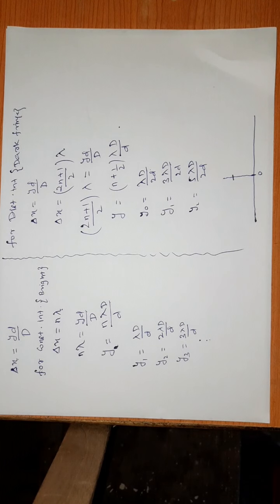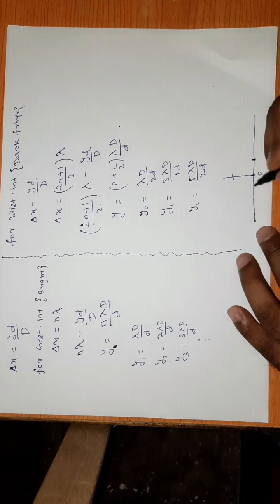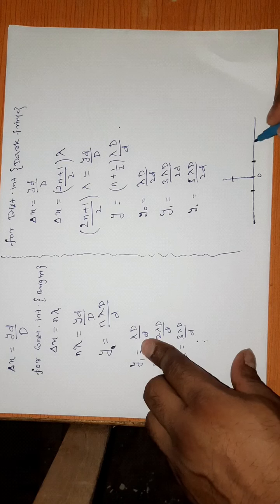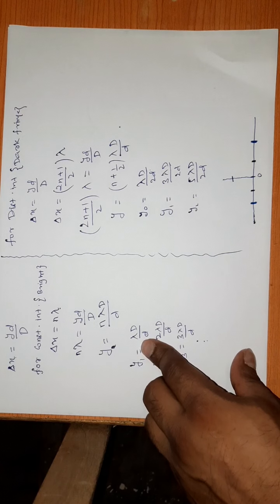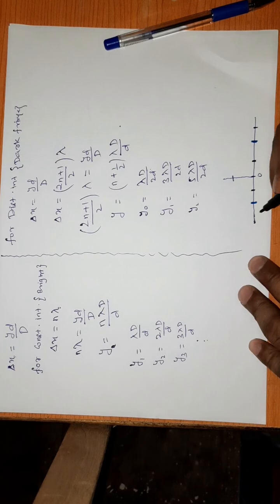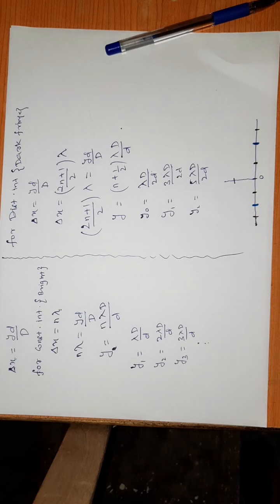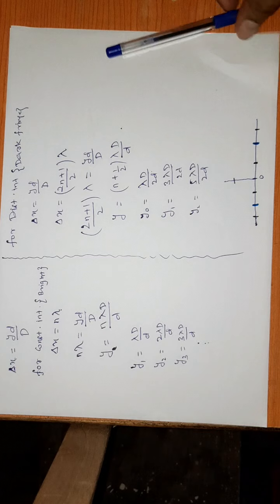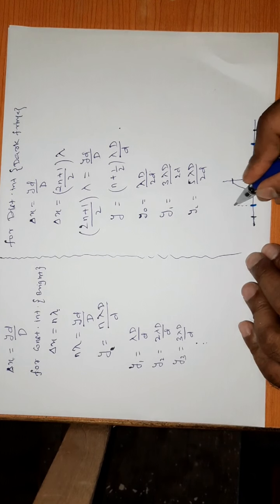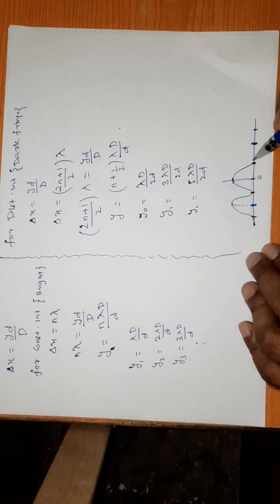For dark I am using black color. Then again this, and we are using blue color. Then again it is dark in the same portions, because the gap is the same. When I draw it, you will see it will be like this, in this way.